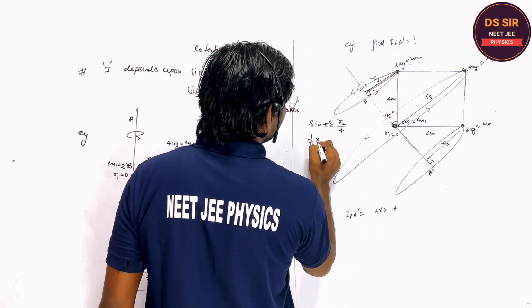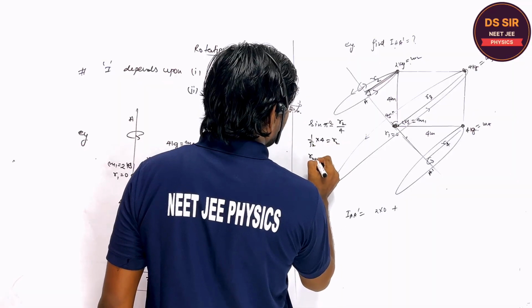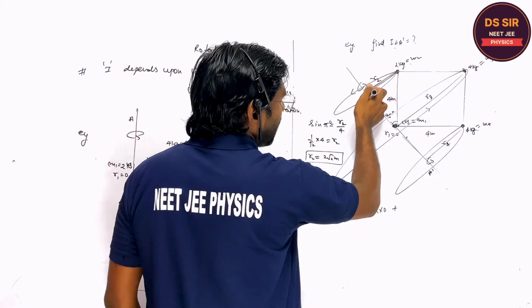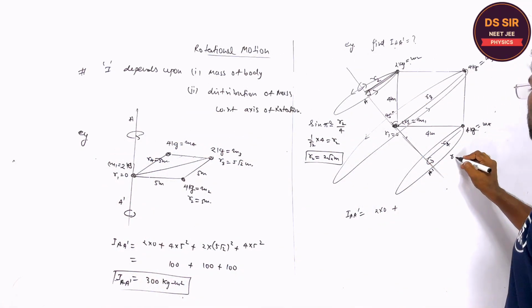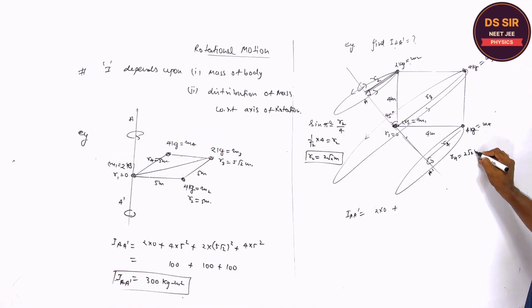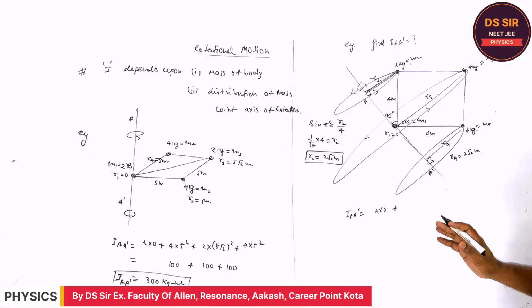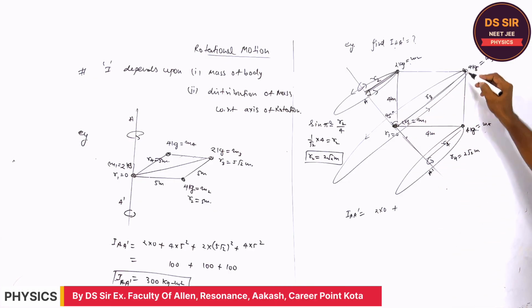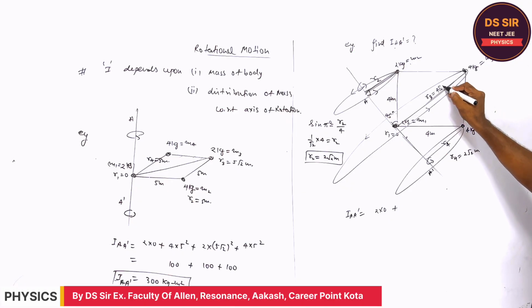This is 1 by root 2 into 4 is equal to R2. R2 is equal to what? 2 root 2 meter. In the same way, R4 is also equal to 2 root 2 meter. Is it clear or not? And what about the R3? It is 4 meter, it is 4 meter. So it is 4 root 2 meter.